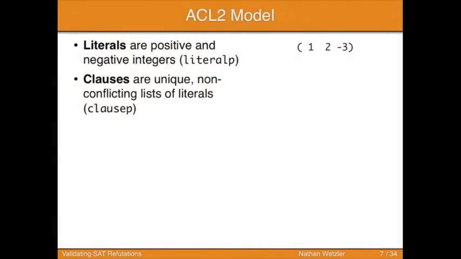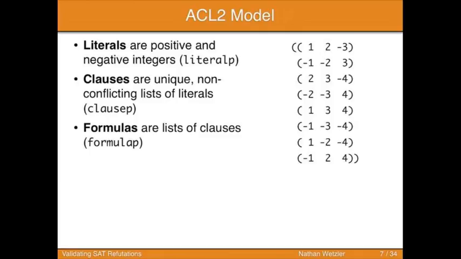Next, we construct clauses, and we have them in our model right now as unique, non-conflicting lists of literals. So this is an implied disjunction, and when I say non-conflicting, I mean that you can't have, say, 1 and negative 1 in the same clause.